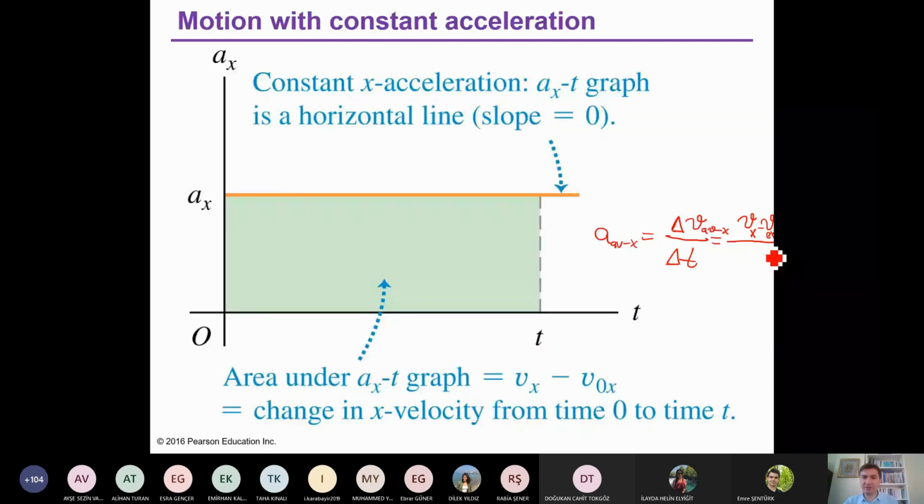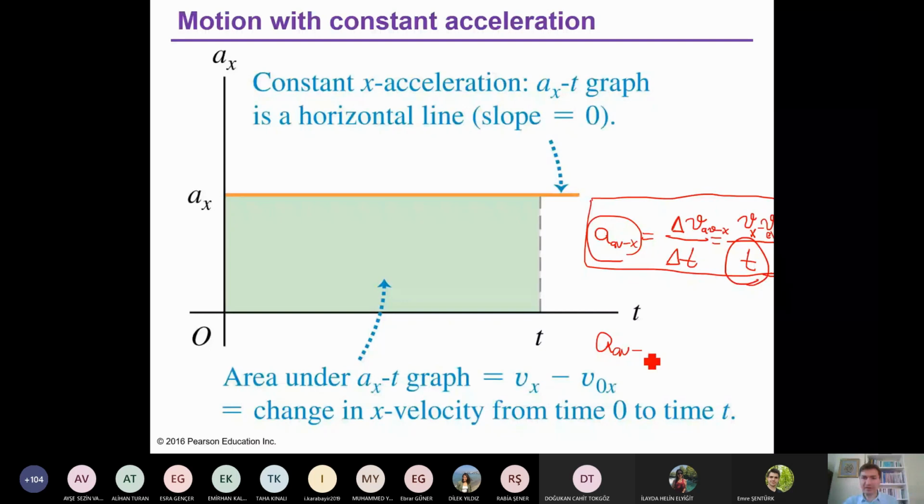And if I use that relation here, then if you multiply this one with this one, then A average x times t is equal to Vx minus V0x. You can get this expression, okay?